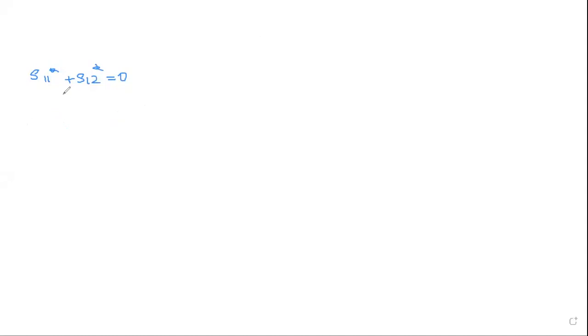So this will be S11 star is equal to minus S12 star. Remove the complex conjugate. You will get S11 is equal to minus S12. So this is one equation you'll be getting. S11 is equal to minus S22. What is the equation number? 4, ma'am. You can consider this as equation 4.